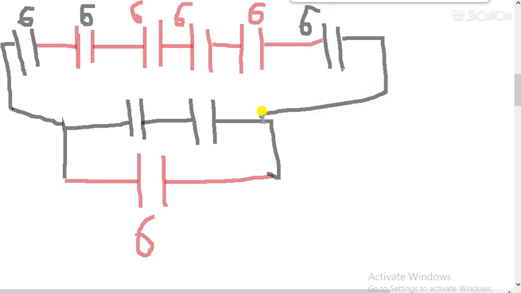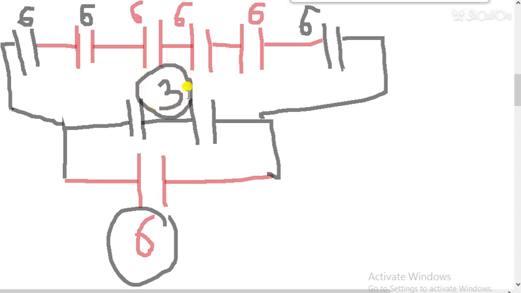So this will be the right answer, students, for the given question. 6 from here, 6 from here, 3 from here, two capacitors in series combination with 6 will give me 3. So 6 plus 3 is 9, and 1 farad from these 6.